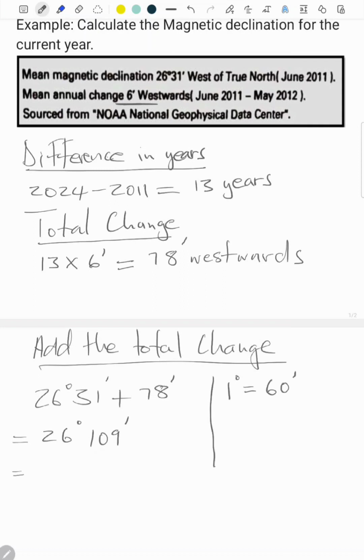It will make 1 degree. So we are going to have 27 degrees here. When we subtract the 60 minutes from the 109, we remain with 49 minutes. Then it will be 49 minutes west of true north.